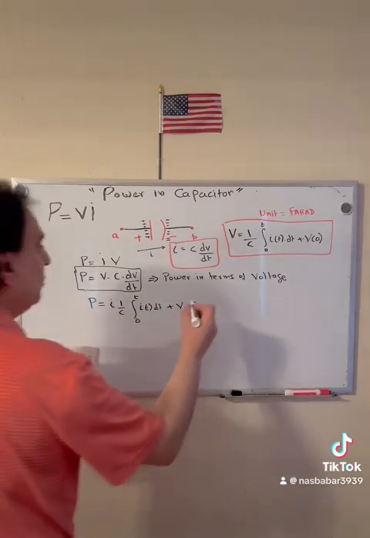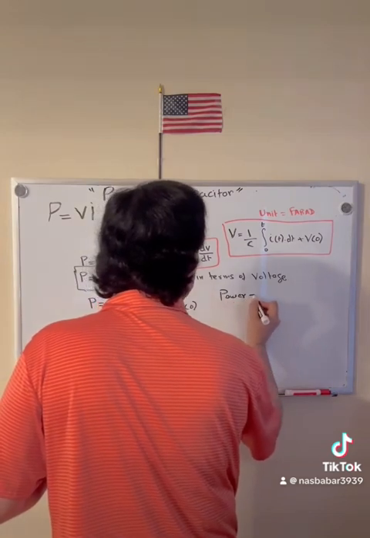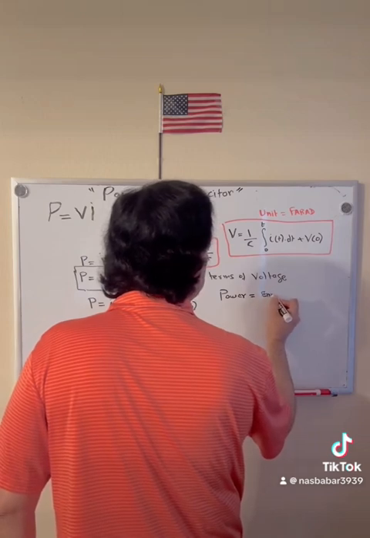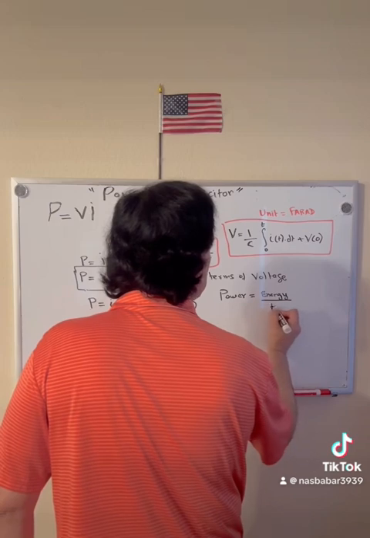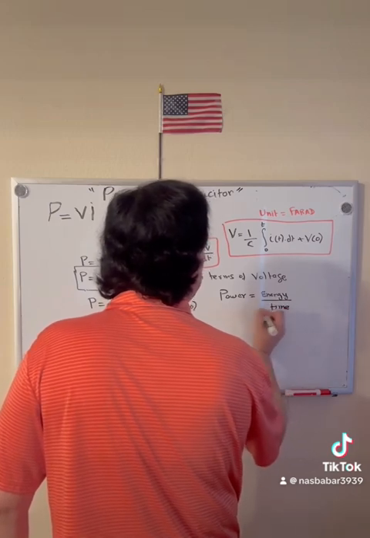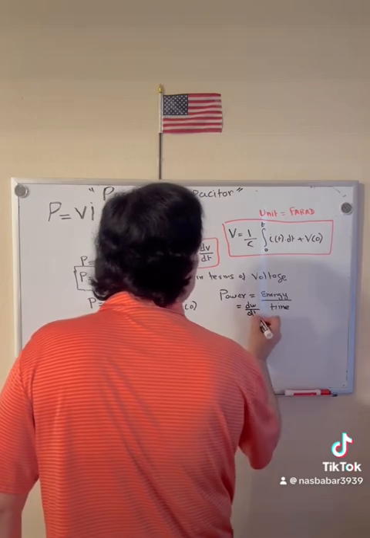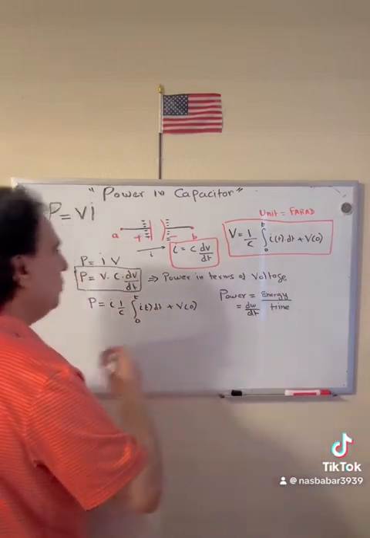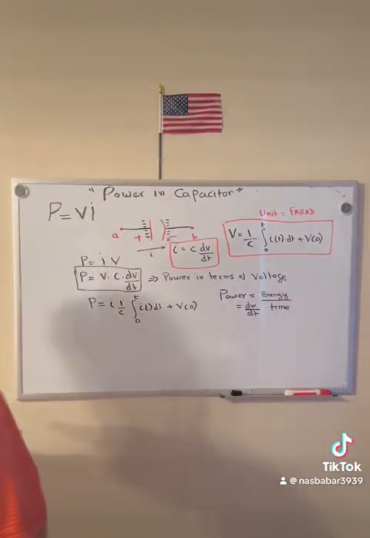Now you all know that power, and I think I went over this and explained that in detail, power is basically energy over time, okay? And we can write this as d over dt. So rate of change of work over time, the derivative of work with respect to time, all right?